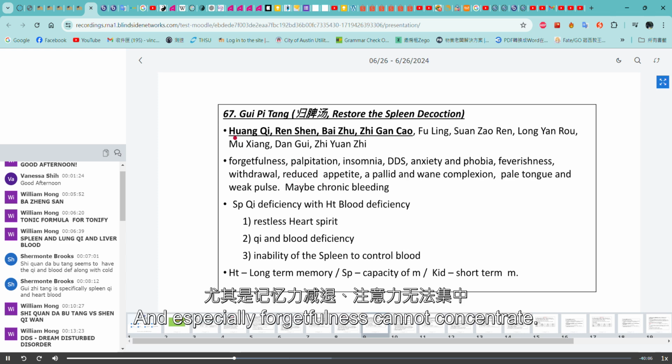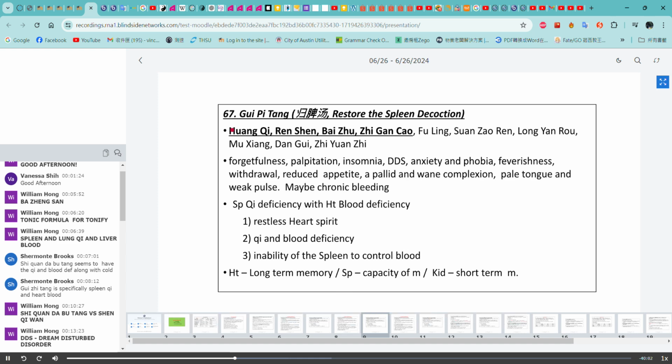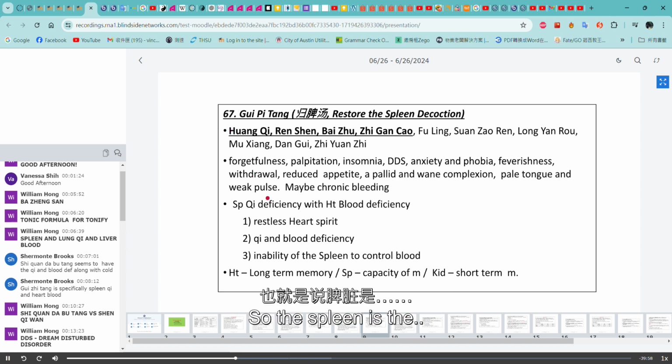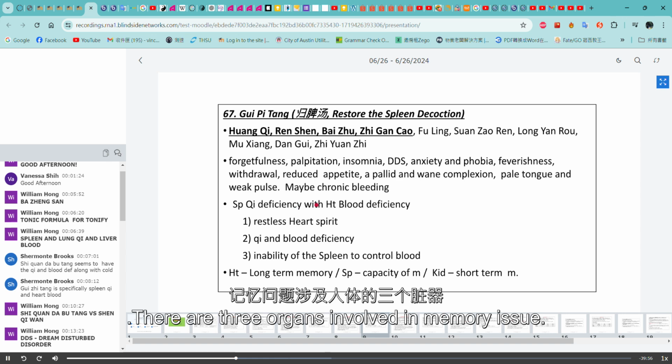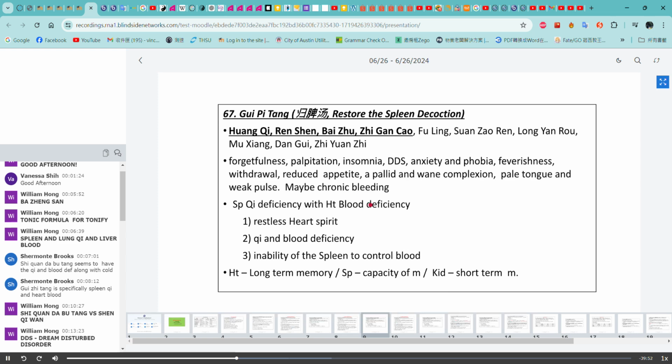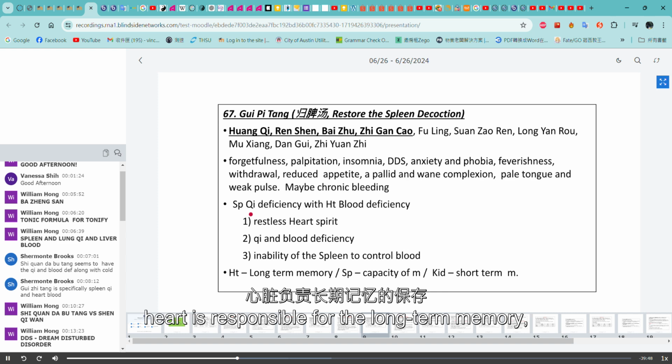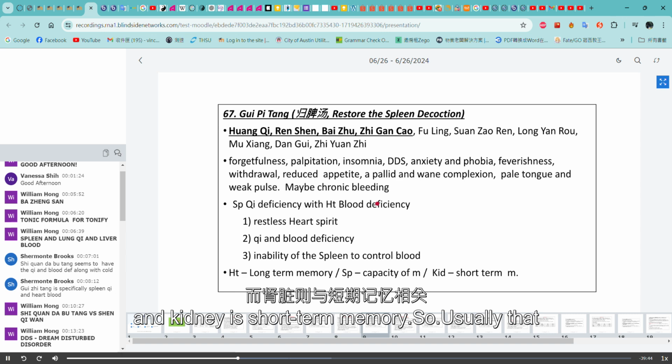And especially forgetfulness, inability to concentrate. This is Guipitang's problem. Three organs are involved in memory issues. Spleen is the capacity of memory. Heart is responsible for long-term memory, and kidney is short-term memory.